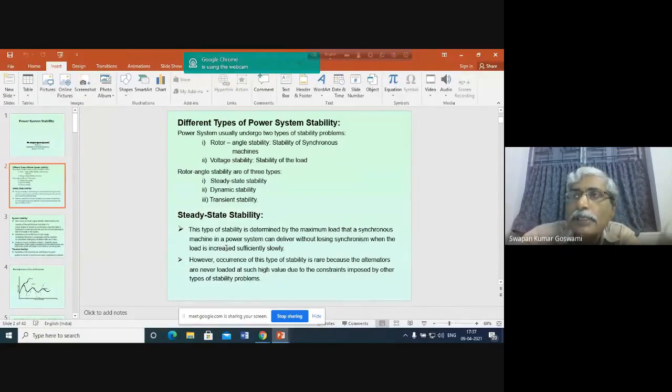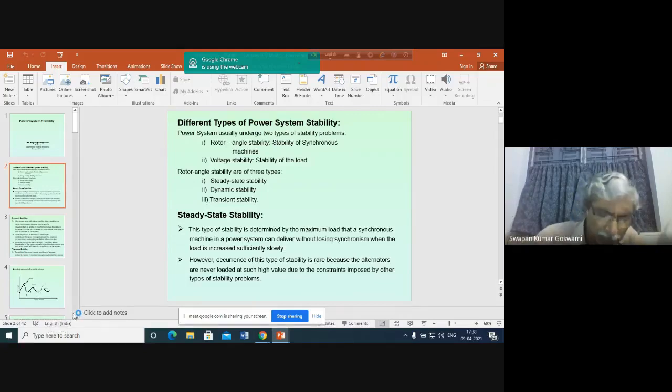Already I have mentioned, while discussing the modeling of generator and load in frequency control, that there was one expression, 1 plus delta F by F whole square, that was approximated as 1 plus 2 delta F by F. If you can remember, del F square has been neglected.